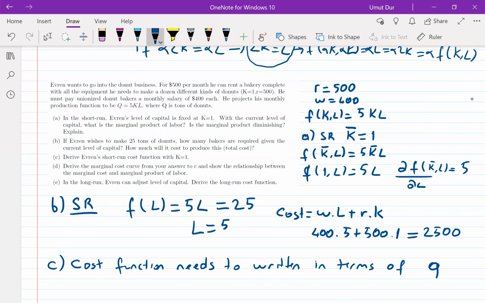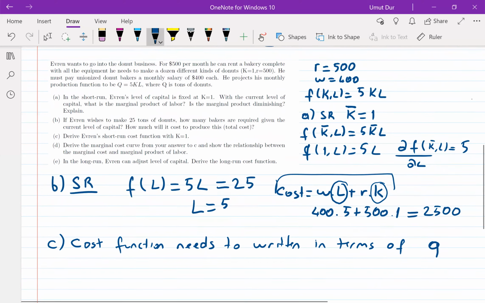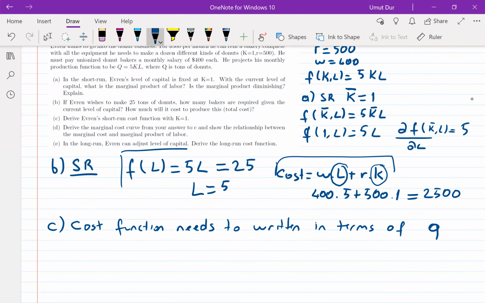So we know the exact value of K here, which is 1. What I just need to do is write L in terms of quantity, and I can do it by using the production function.